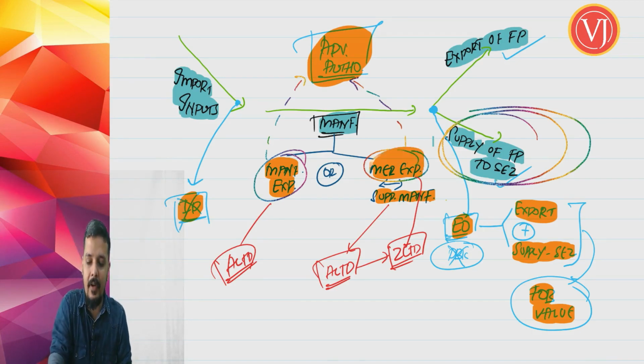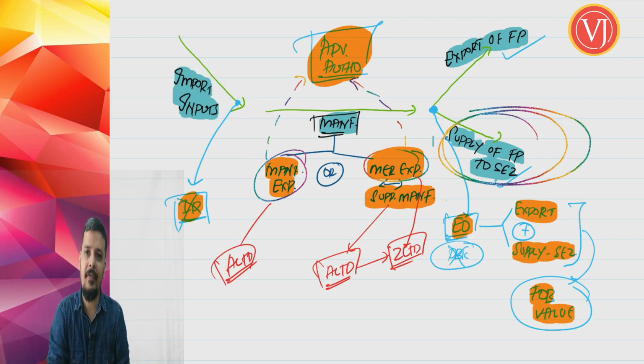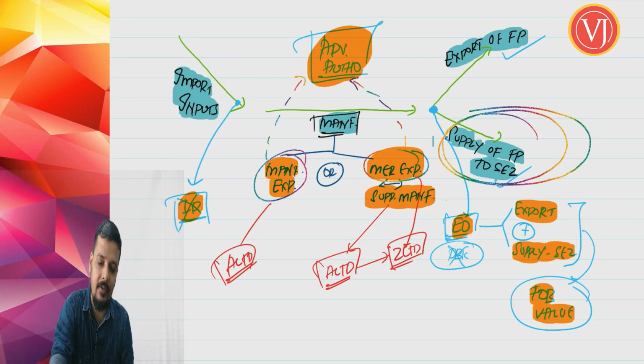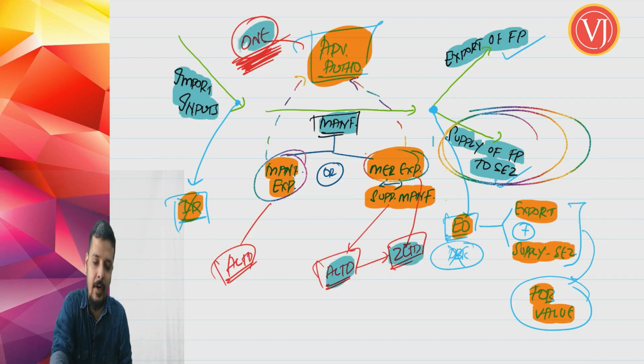Why? Advance authorization is taken by the merchant exporter who is tied up with the supporting manufacturer, who will import the inputs without import duty and manufacture it and give it. So both are working with only one advance authorization. Even though you're talking about a merchant exporter tied up with the supporting manufacturer, both should be closely connected. Even if I'm focusing on A Limited and Z Limited, there's only one advance authorization.